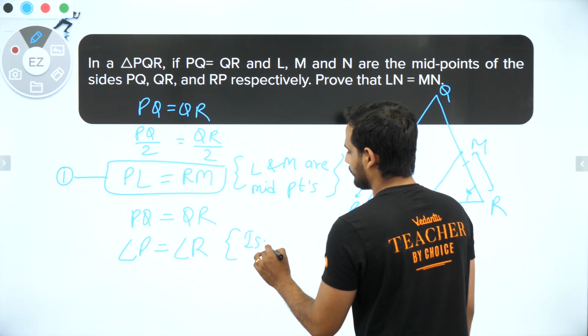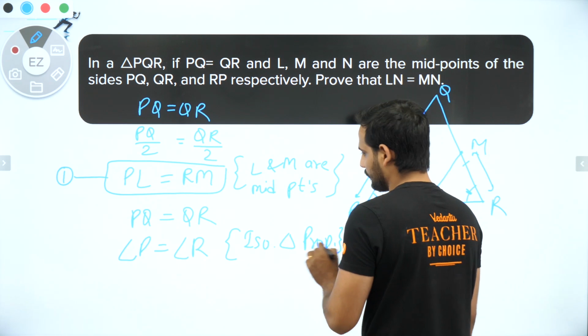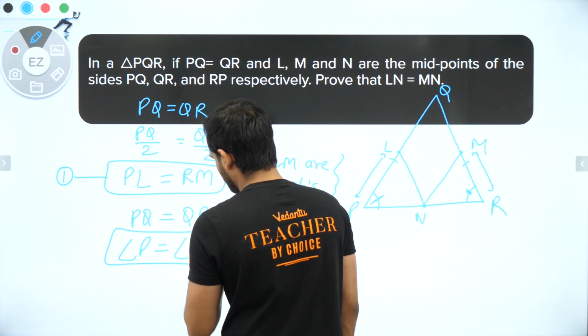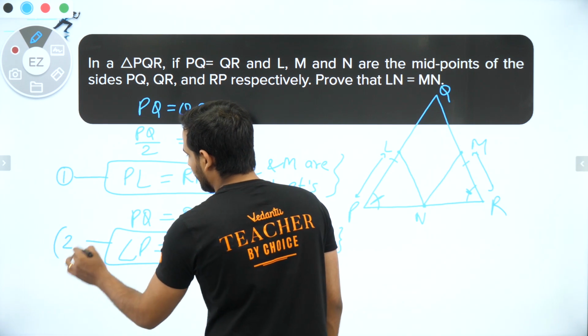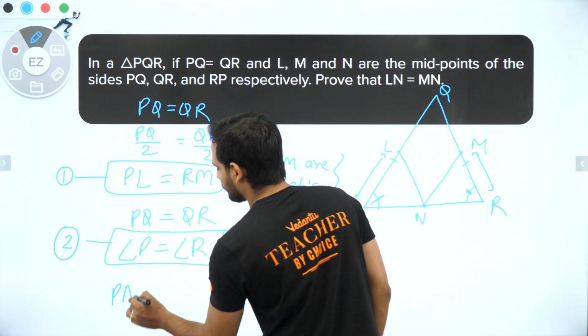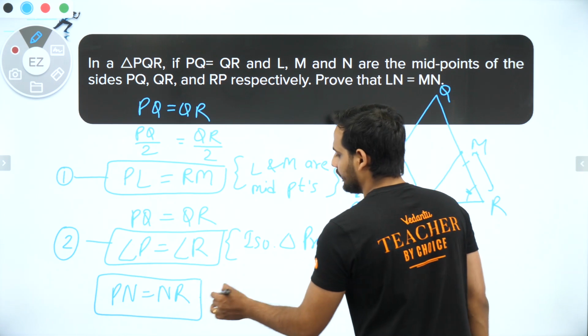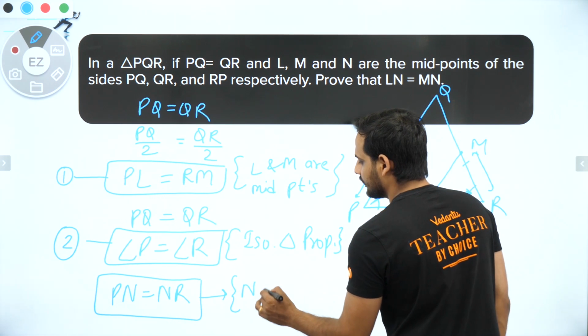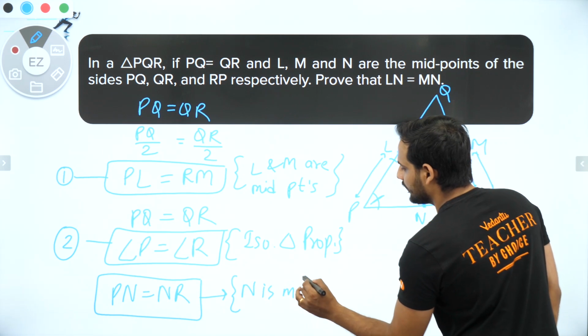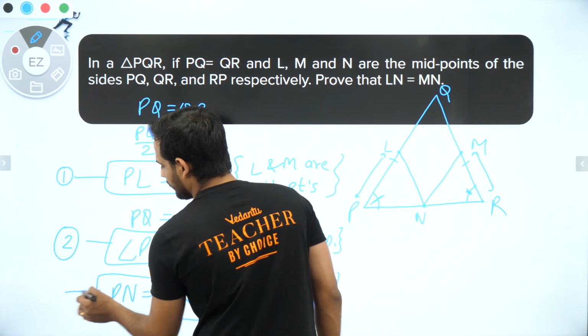Isosceles triangle property: the angles opposite to the equal sides are also equal. So this is my second thing. And third, I can say PN is equal to NR. Why? Because N is the midpoint. So this is my third thing.